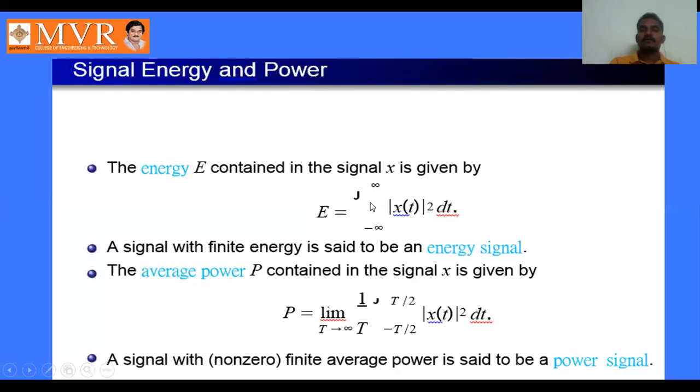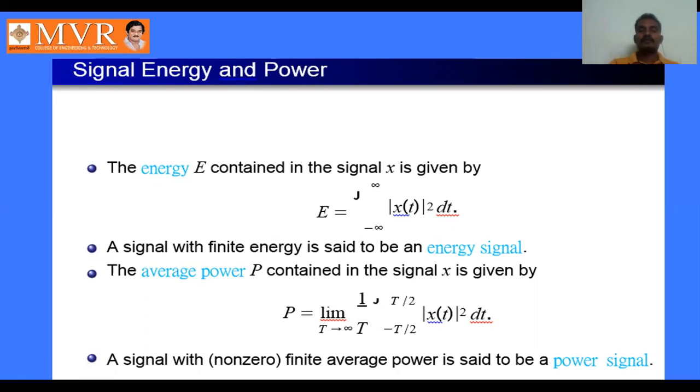So E is mathematically represented as the integral from minus infinity to plus infinity of mod of x of t whole square dt, whereas average power, denoted by P, is equal to limit T tends to infinity 1 by T into the integral from minus T by 2 to plus T by 2 of mod x of t whole square dt.